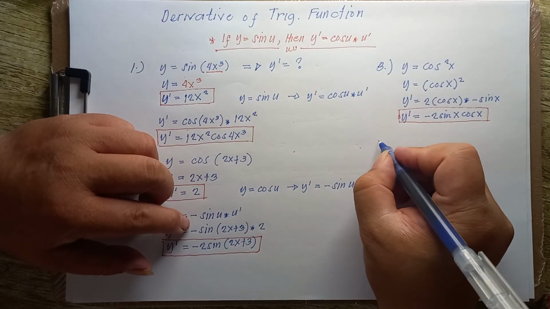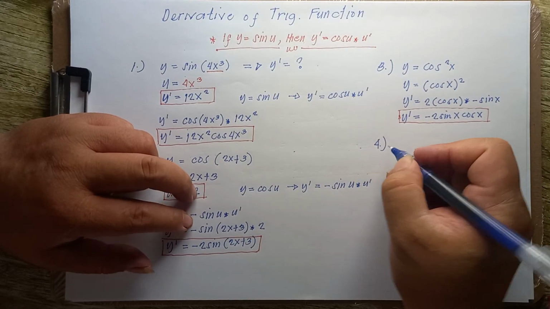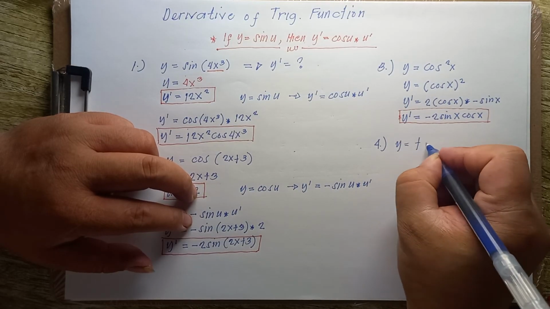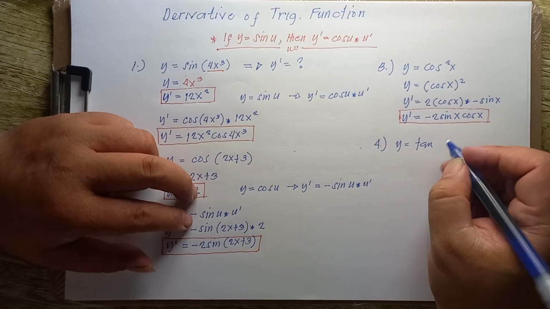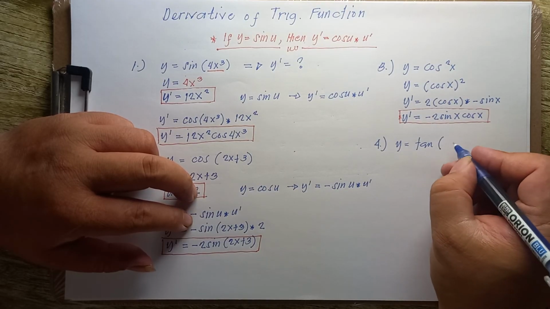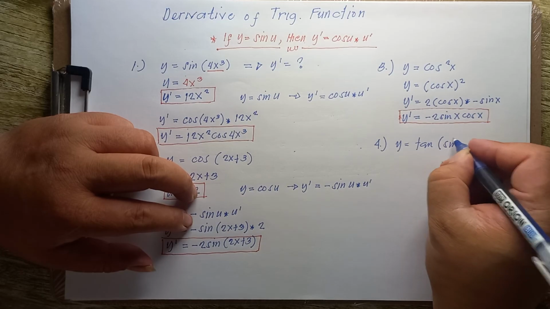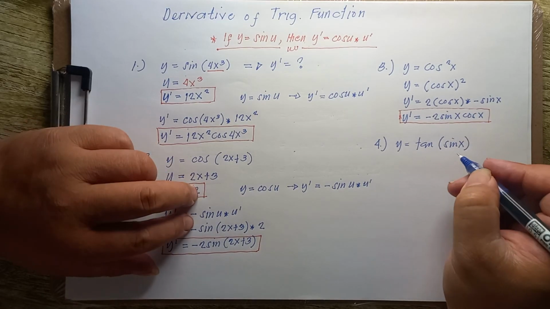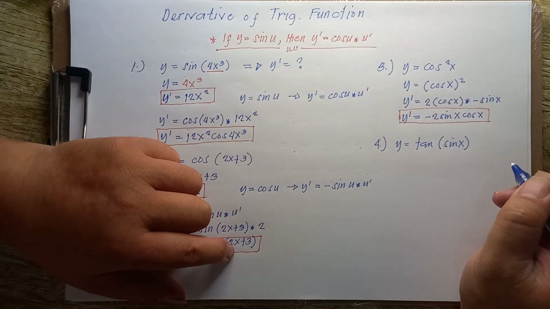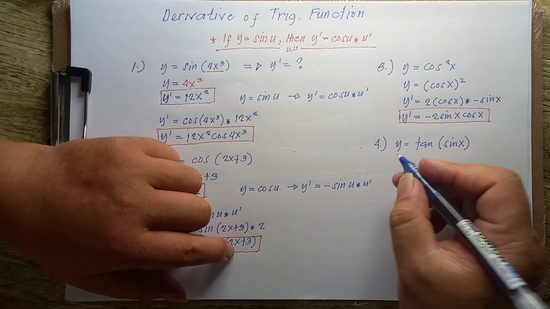number 4. So my number 4 is our y defined by tangent u, but our u is sine x. So how are we going to do that one? Now again, we will be identifying the u.